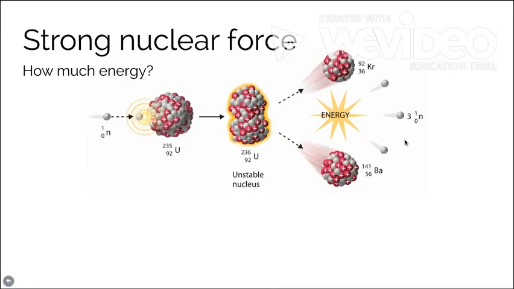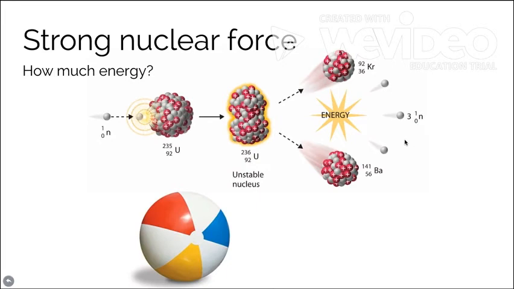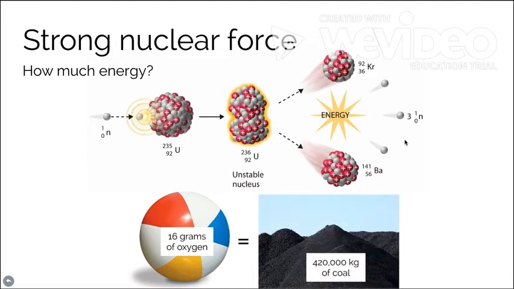Well, just to put that into perspective a little bit, if you were to take an amount of oxygen the size of a normal, medium-sized beach ball, and say that it had about 16 grams of oxygen, if you could take every atomic nucleus of those 16 grams of oxygen and release all of the energy in the strong nuclear force, you would make about as much energy as 420,000 kilograms of coal.